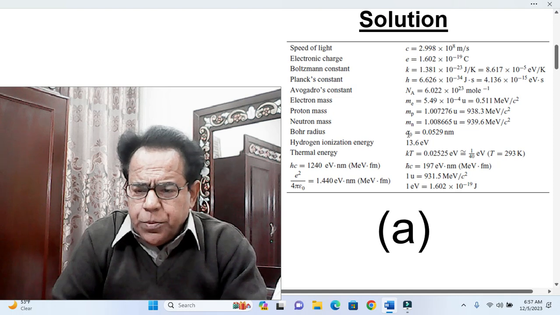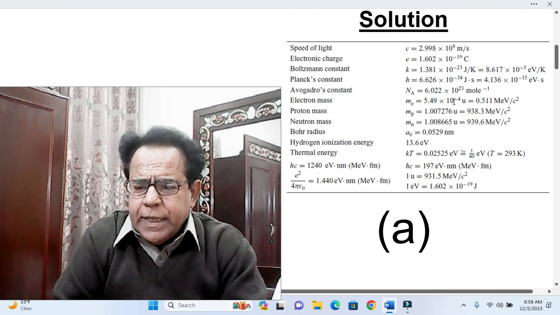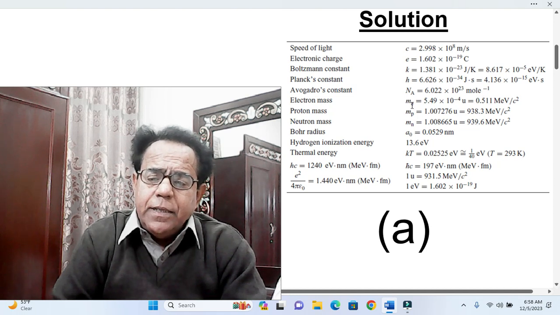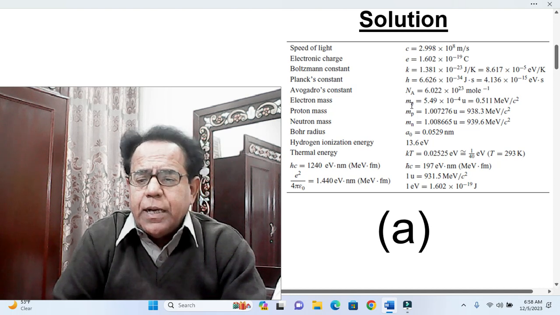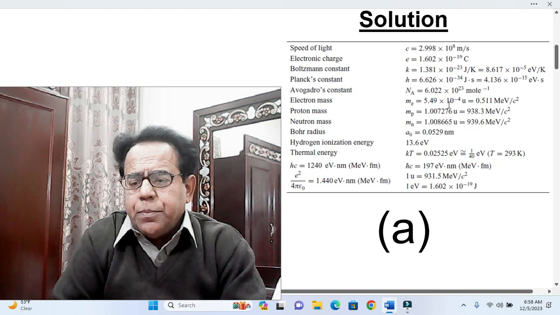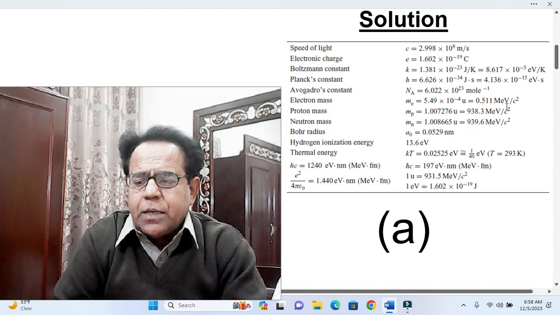The other value, the mass of electron, is equal to 0.511 million electron volt over c square. The second value is this m subscript e, equal to 5.49 into 10 raised to the power minus 4 atomic mass unit. This alternatively becomes equal to 0.511 million electron volt over c square.